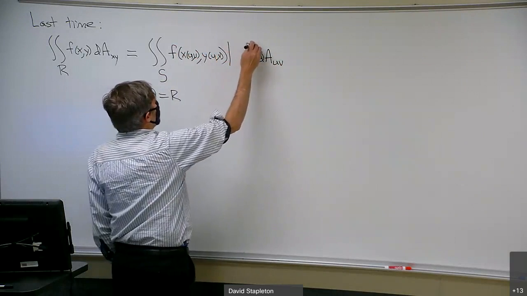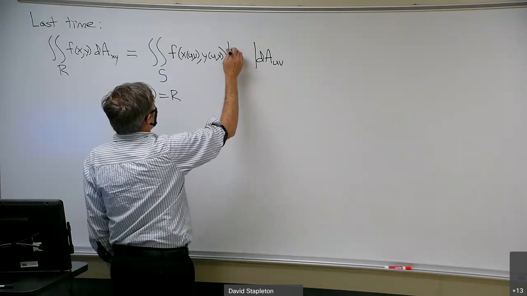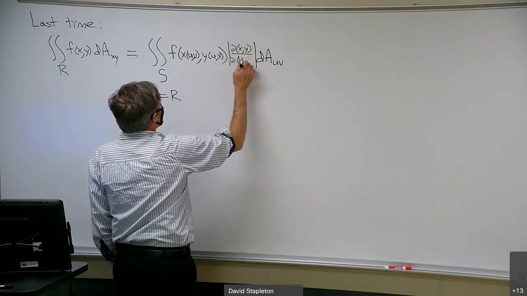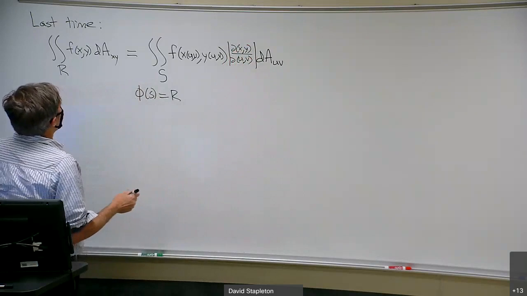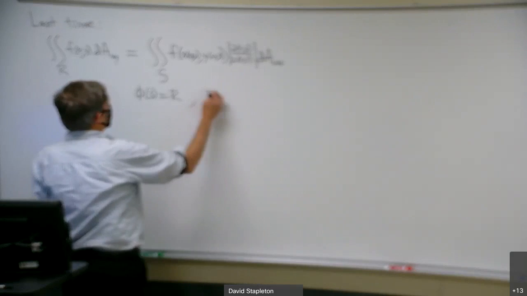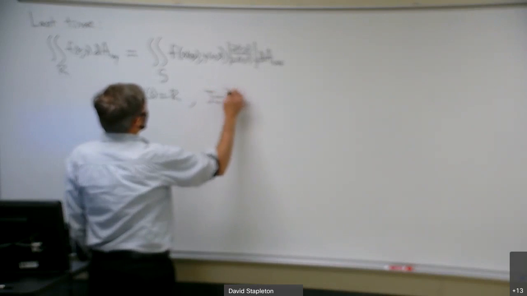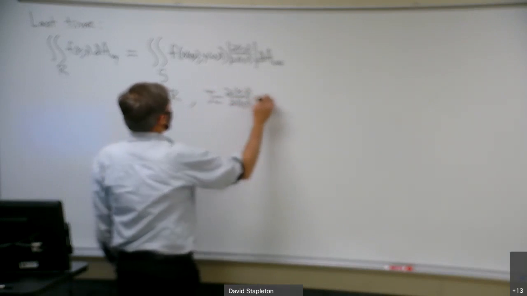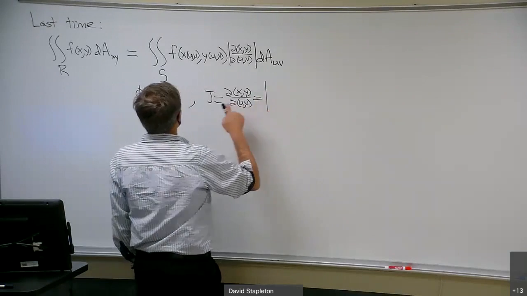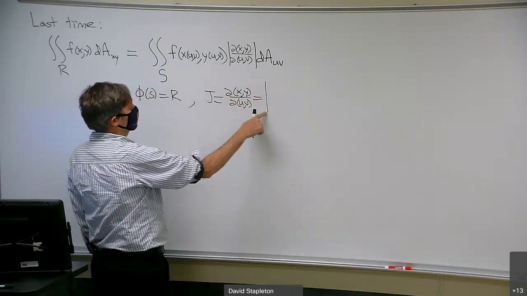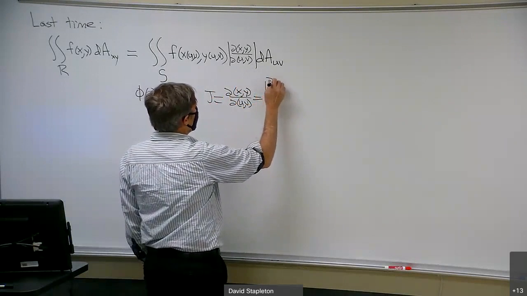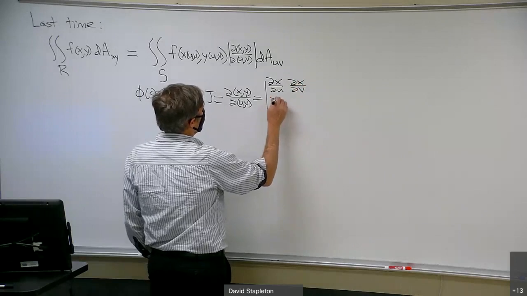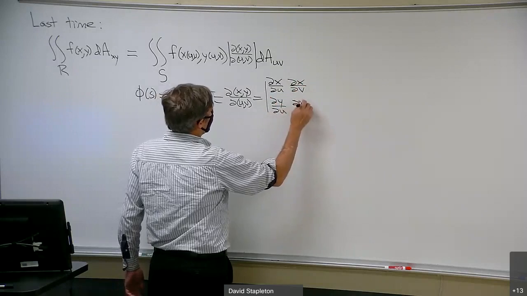Multiplied by the absolute value of the Jacobian, which is d(x,y) over d(u,v). The Jacobian, sometimes called J for short, is just a determinant. This means absolute value here, but this means determinant here: dx du, dx dv, dy du, dy dv.